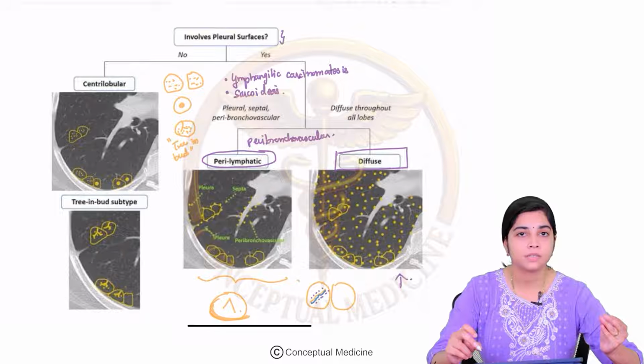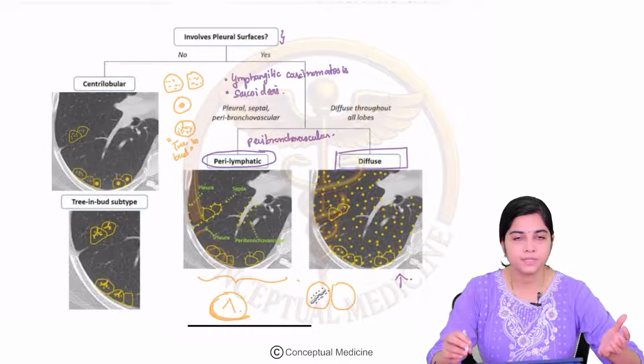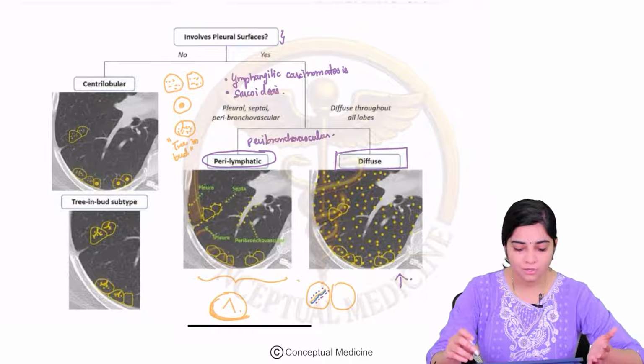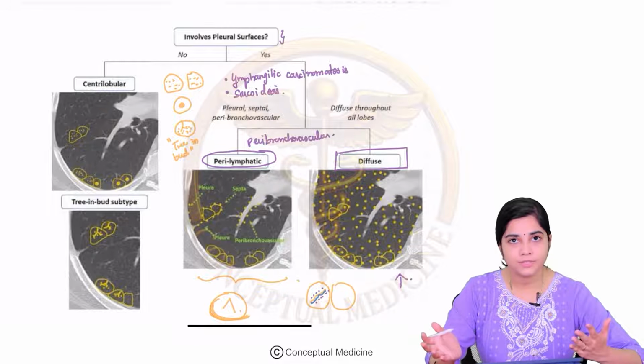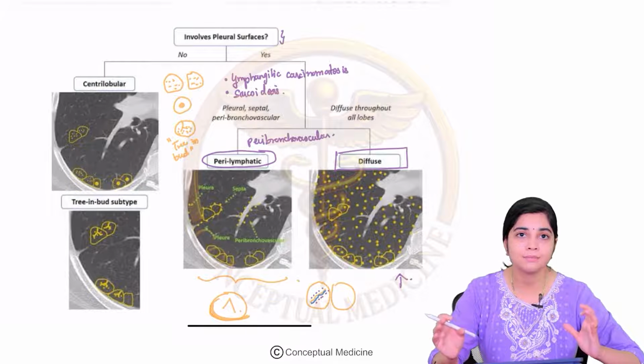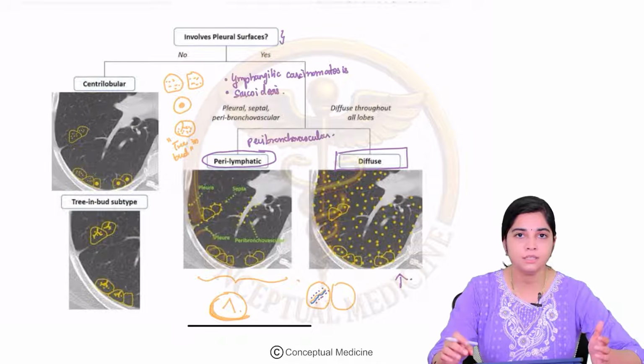So if there are nodules, first you see if the pleural surface is involved or not. If it is not involved, look for the distribution of nodules in a centrilobular pattern or a tree in bud appearance, or is it a peribronchovascular pattern, or is it a diffuse pattern. So if these terms are clear, then we can understand each of the types of interstitial lung diseases in detail.